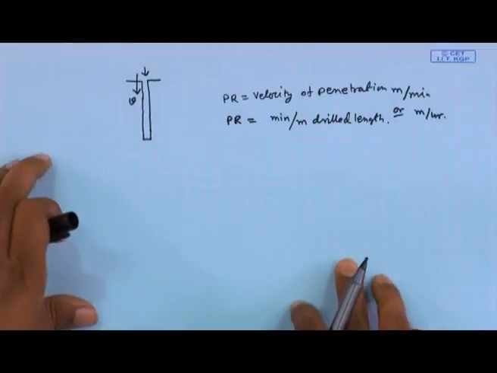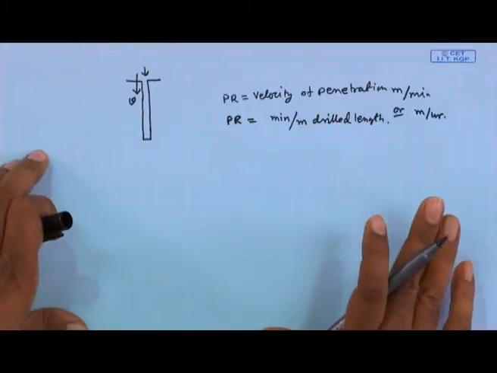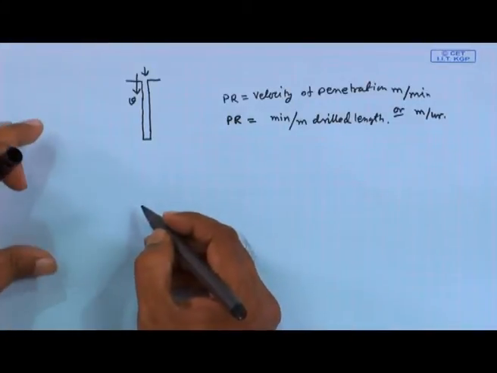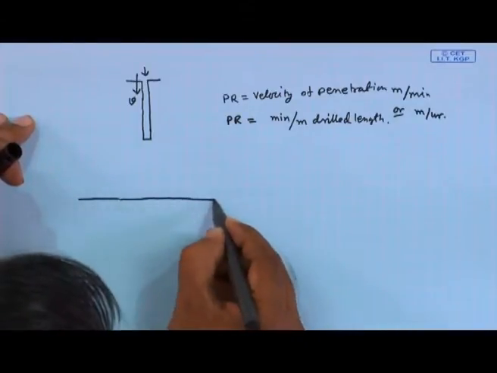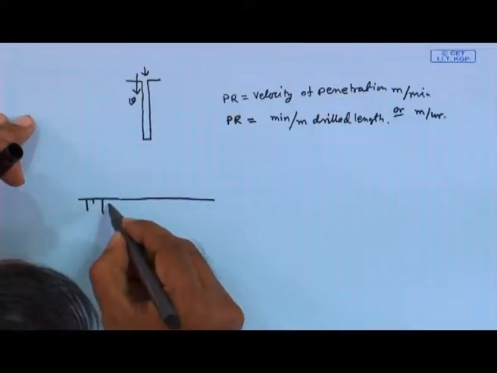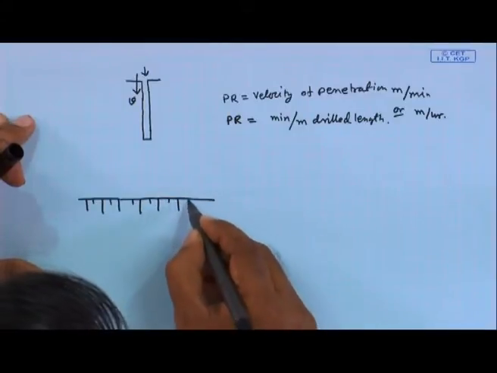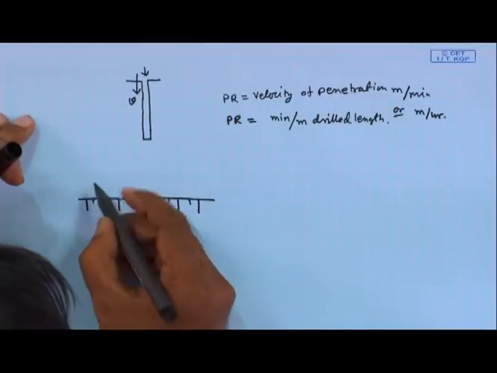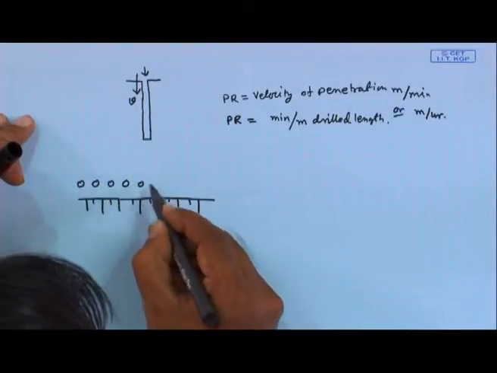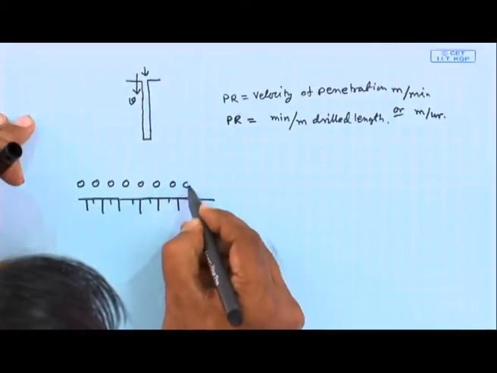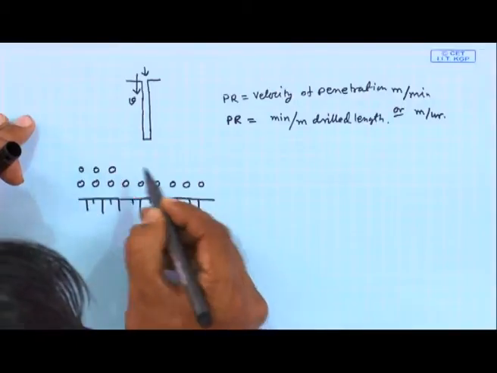However, if you are practically looking into the drilling of holes, especially for the blast excavation, you will find generally if this is the blast face for a surface excavation case, then a number of holes has to be drilled in this face, and that may be in multiple rows also.